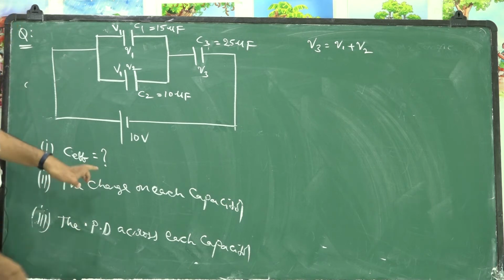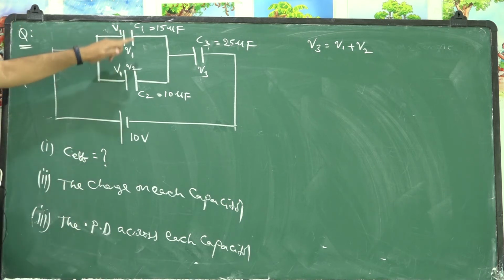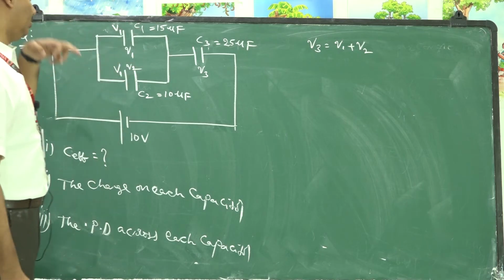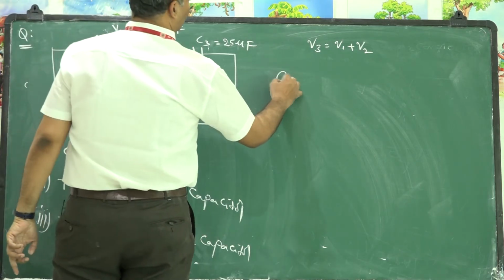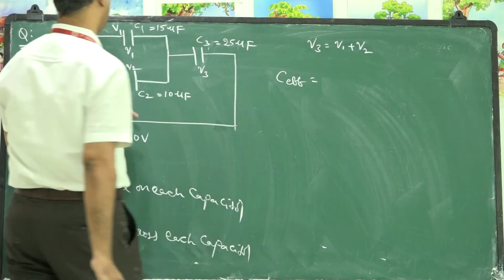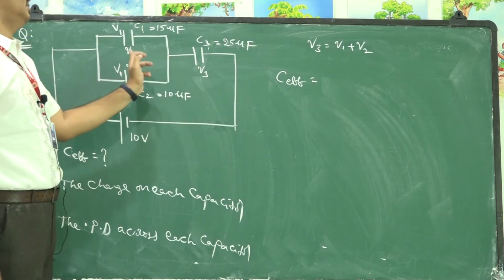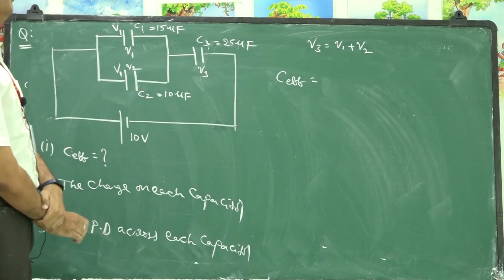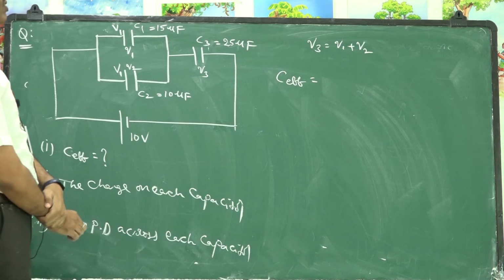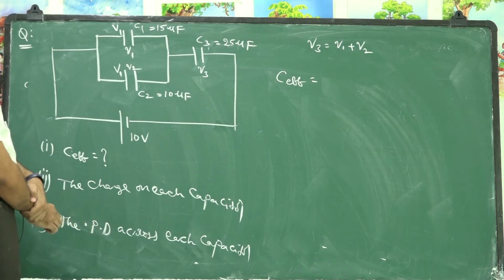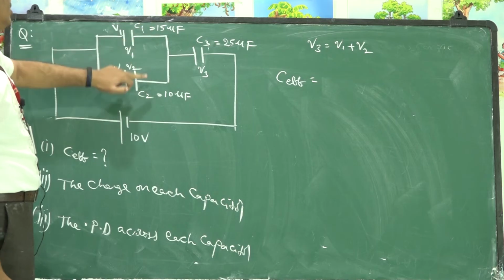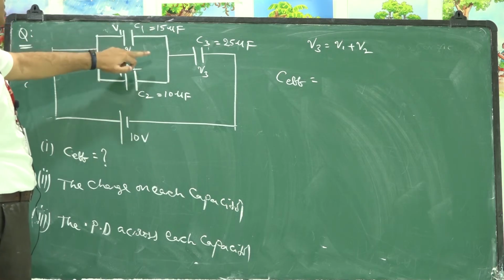Before calculating the effective capacitance, let us identify the effective capacitance in this. Total C effective: both are in series. In series combination, the effective capacitance is given by C1 C2 by C1 plus C2. First, let me find the effective capacitance here.